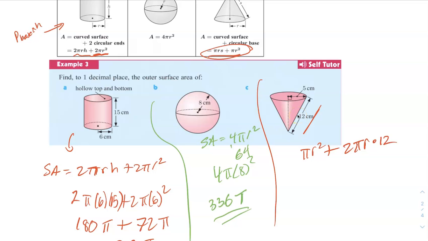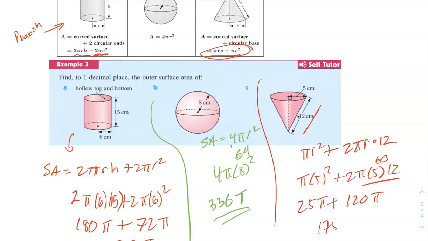My radius is 5, so there we go. This will give me 60 times 2 is 120 pi, plus 25 pi, so 145 pi. And there we go. That's the lesson.